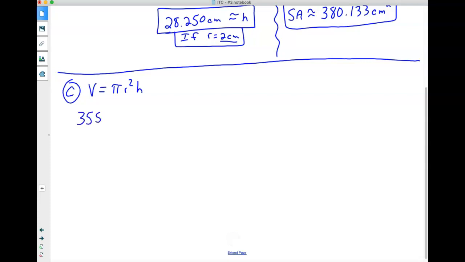Our can volume is never changing in this problem. It's always going to hold that much. So 355 equals pi times 6 squared times h. So h equals 355 divided by 36 pi, which means h is approximately equal to how many centimeters? Well, it's a short little fella now.